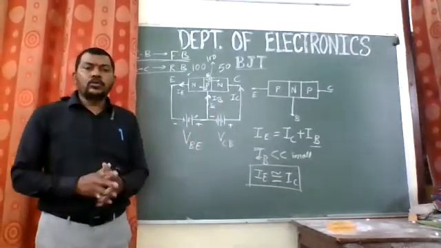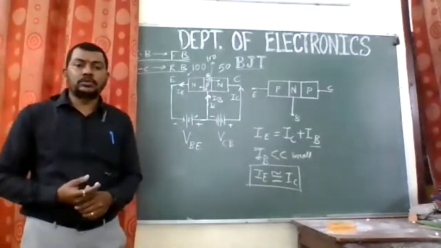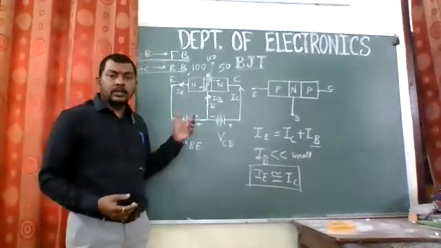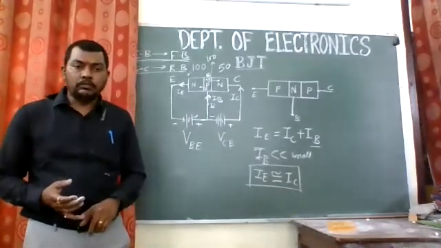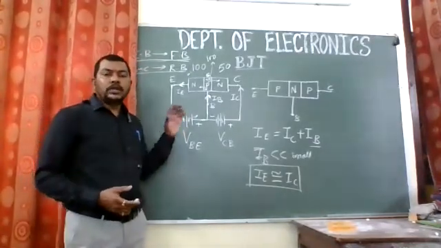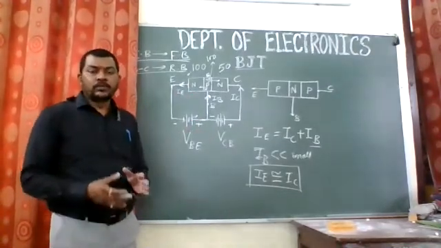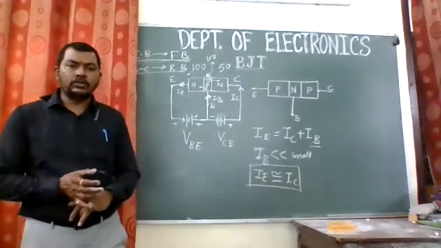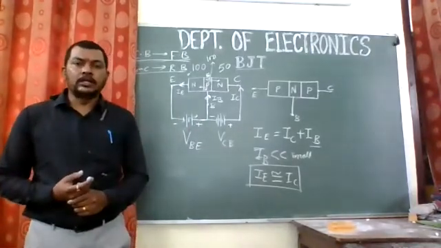We have 3 terminals. For input, we require 2 terminals, and for output, we require 2 terminals. So we make one of the terminals common. So we have 3 configurations: common base, common emitter, and common collector. That is what we are going to study in the next class.